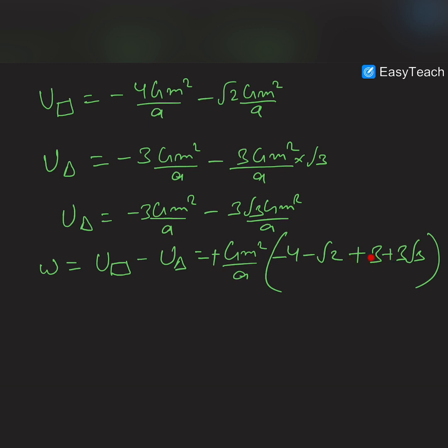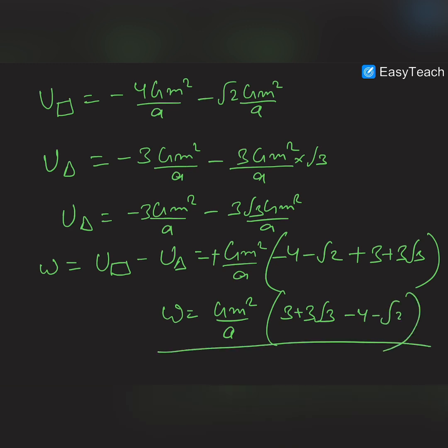Here there is a positive sign. It is due to the fact that when we subtract U of triangle from U of square, this negative would become positive. So work done would be equal to Gm square by a into 3 plus 3 root 3 minus 4 minus root 2. This is the work done in rearranging that system into a square.